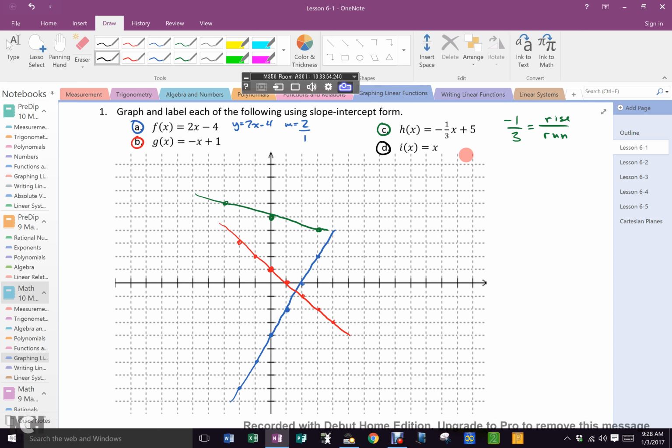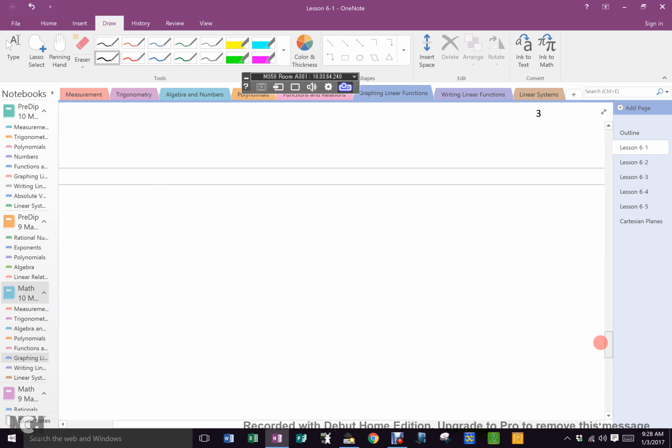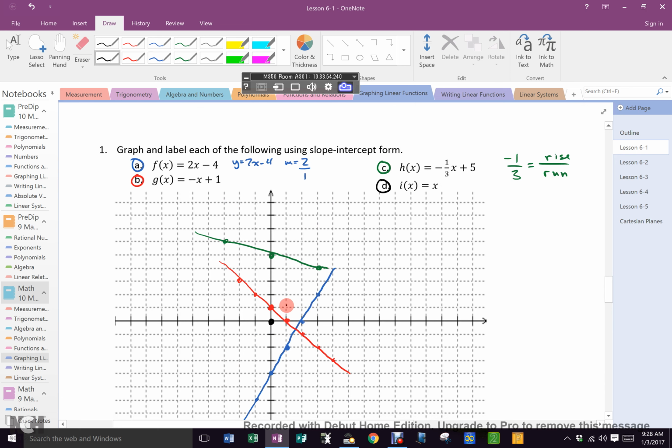Where on the graph is nothing? 0. So that must be my y-intercept. 0, right in the middle. What's my slope? Positive 1, right? So I would go up 1 over 1, up 1 over 1, down 1, left 1, down 1, left 1. And I make that line.